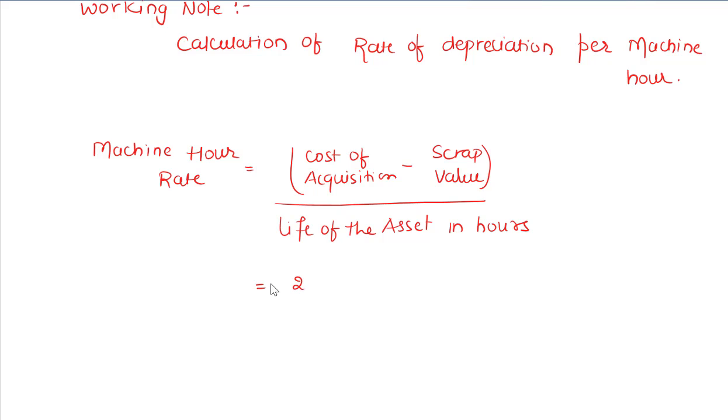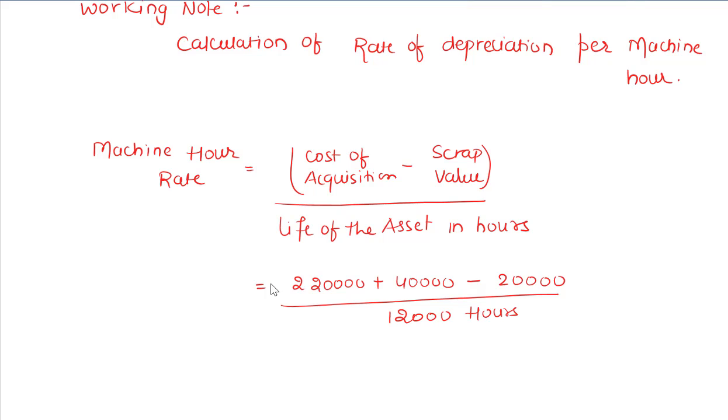So cost of the asset is 2,20,000 plus 40,000 in the installation, so 2,60,000 minus scrap value of 20,000, divided by the life of the asset in hours, that is 12,000 hours. Quickly solve it. 2,20,000 plus 40,000 minus 20,000 is 2,40,000 divided by 12,000 is 20.